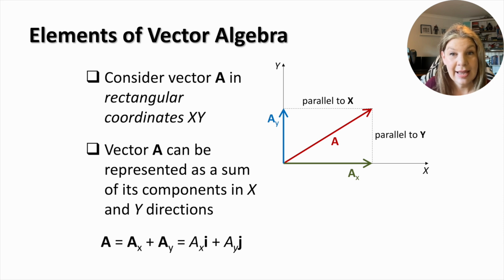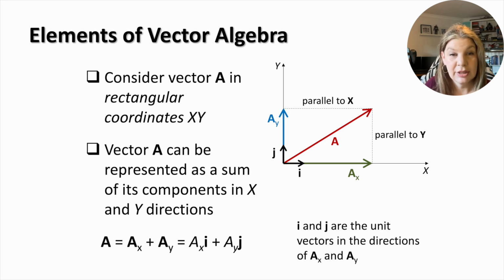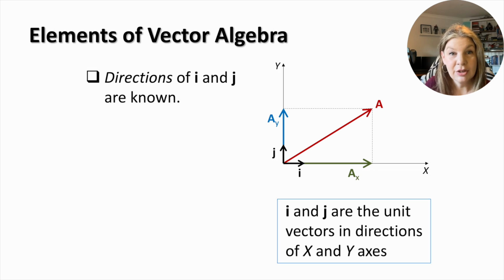The vectors ax and ay are called the components of vector A. Additionally, we can select two unit vectors, i and j, in the directions of x and y. Vector A can be represented as the sum of the magnitudes of the vector components with their corresponding unit vectors. The directions of two unit vectors i and j are the directions of the x and y axes.